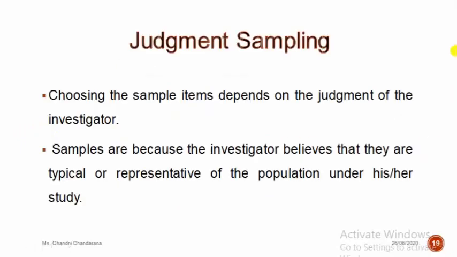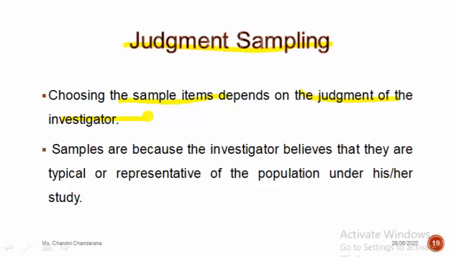So this is a purposive sample. Now the next is judgment sampling. Means here choosing the sample items depends on the judgment of the investigator. Here we first choose the population, then we judge our sample, and after that we select the appropriate sample.